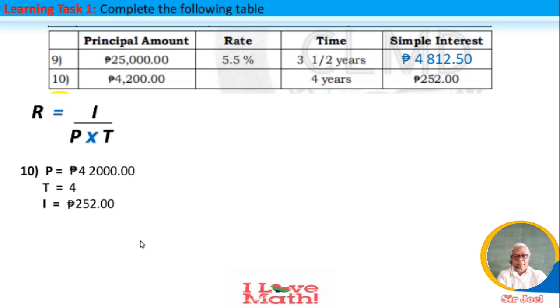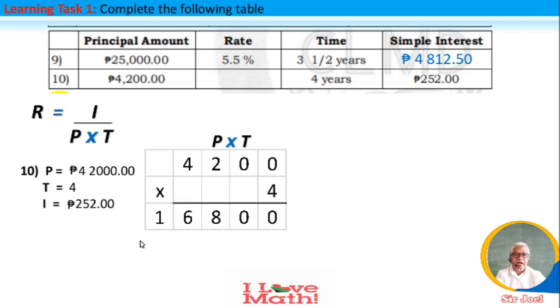Okay? While the time is 4 years, kaya meron tayong 4. And for the interest is 252 pesos. So, paano natin i-compute? Meron tayong 4,200 times 4. Unahin muna natin yung product ng principal and time, kasi doon sa ating formula, merong product ng principal and time. And that is equivalent to 16,800.